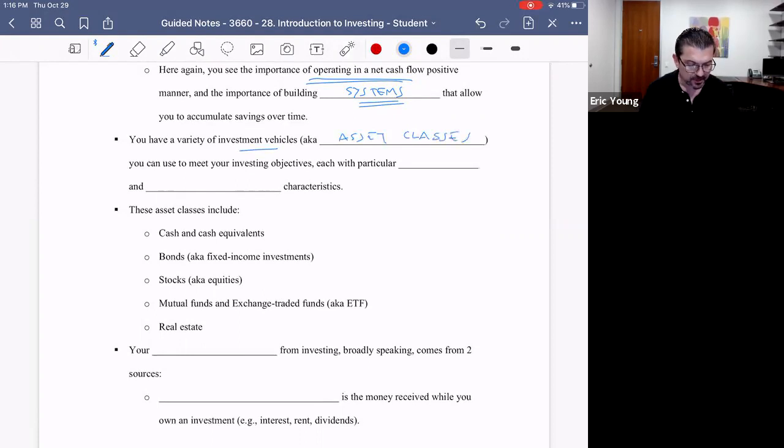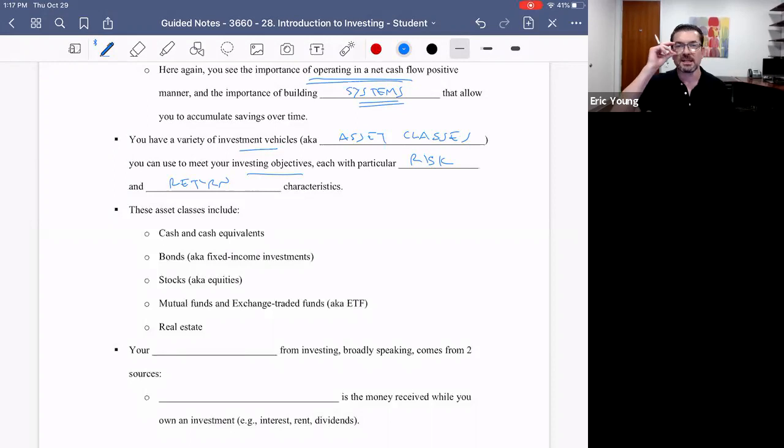So, investment vehicles or asset classes where you can put your money in order to meet your investing objectives. One of the big parts about investing is understanding how the different asset classes behave, because each one has particular risk and return characteristics.